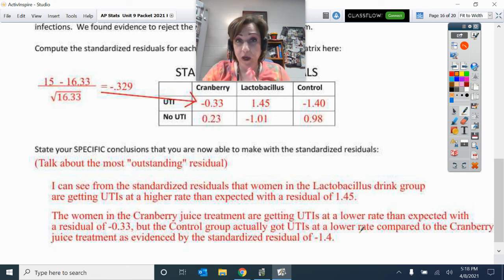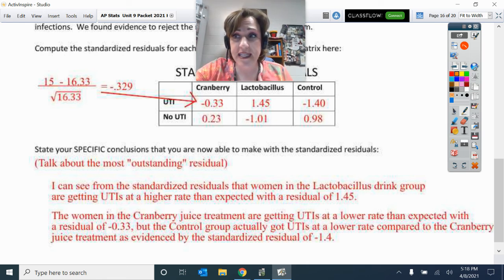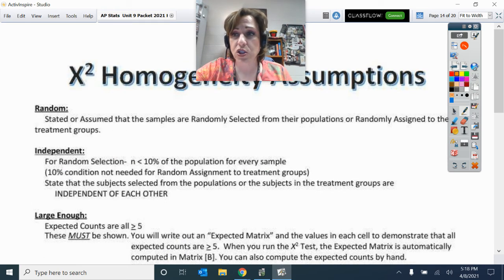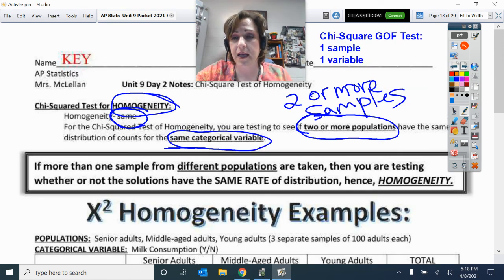So in summary, the standardized residuals give you more detailed information about the specific components within that matrix, because we had multiple variables at play: the type of treatment, and the variable of getting the urinary tract infection or not. So, chi-squared test of homogeneity: multiple samples from the populations that we are testing with one variable.